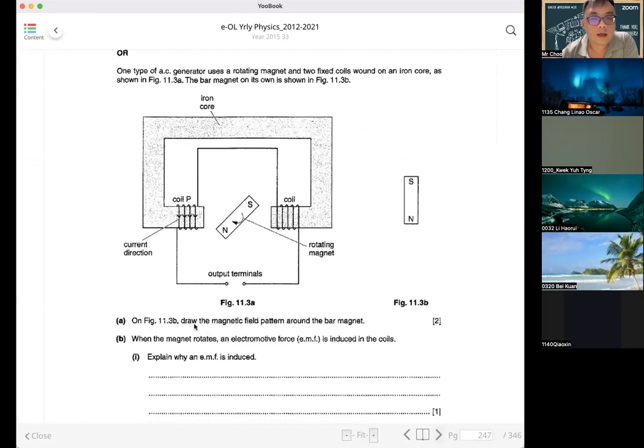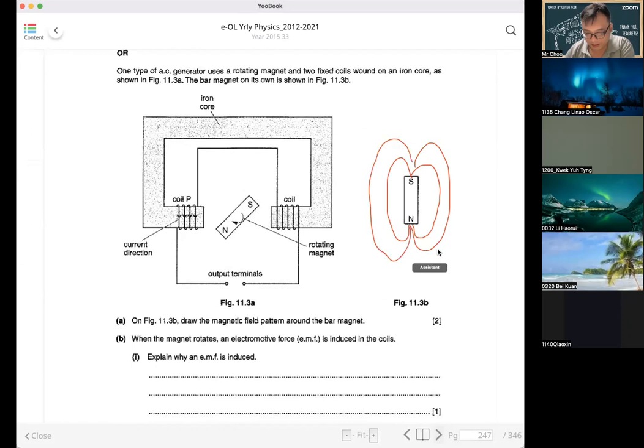Part A, we skip. This one, you all should know, right? Or you all want me to draw it up for you all? Okay, something like this. Can? So part A, I gave you all the answer already. Now you all do part B. When the magnet rotates, an EMF is induced in the coil. So now explain why an EMF is induced.